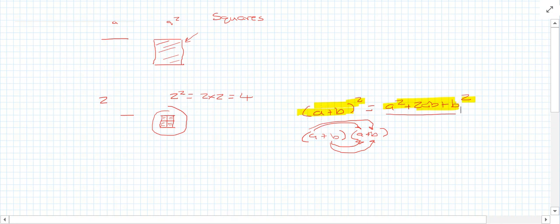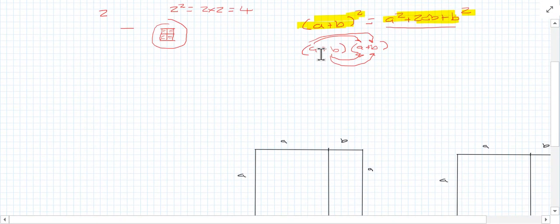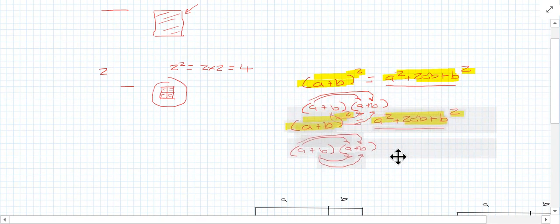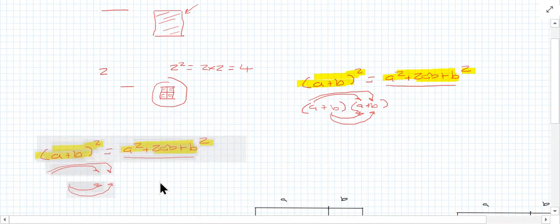First of all, the power of 2 means squared. So what does a plus b squared look like? We have a square with side lengths of a plus b. So we can write something like this. Let's bring this down a little bit so that we can work with it.